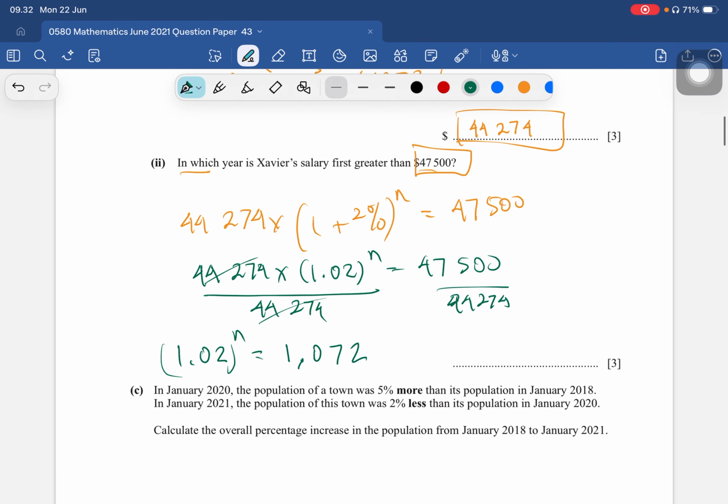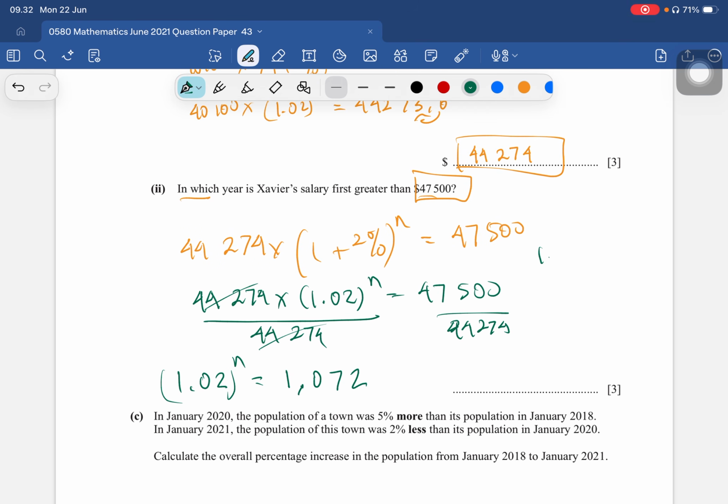Okay, let's try it. So 1.02 to the power of 5 is equal to 1.104. So this is not it. So let's make it 1.02 to the power of 4.